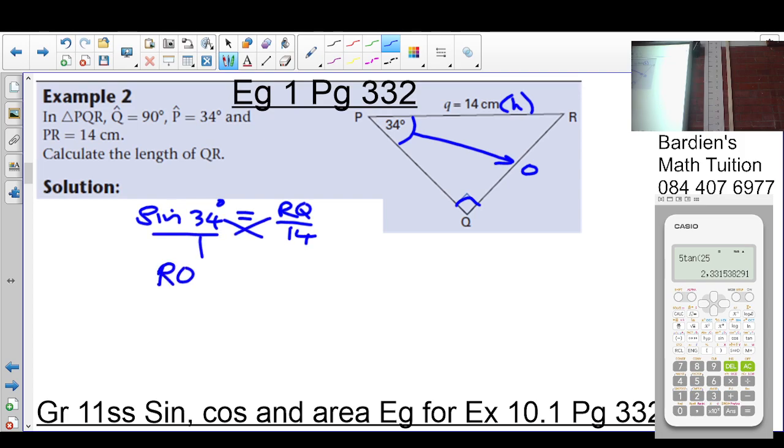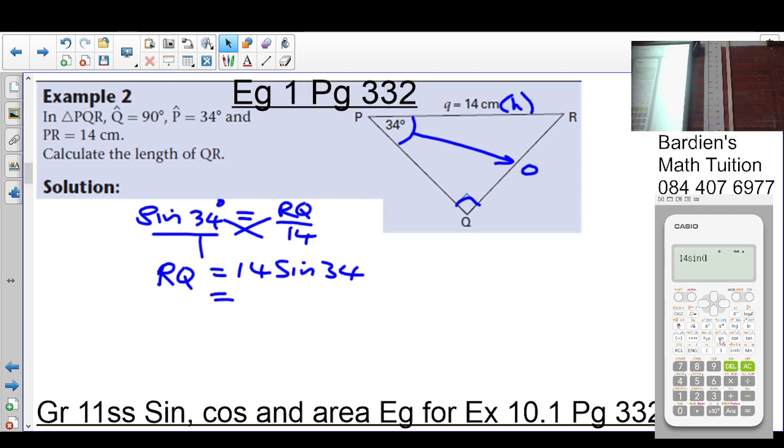Cross multiply, so RQ is equal to 14 sine 34, which gives you 7,3 centimeters.